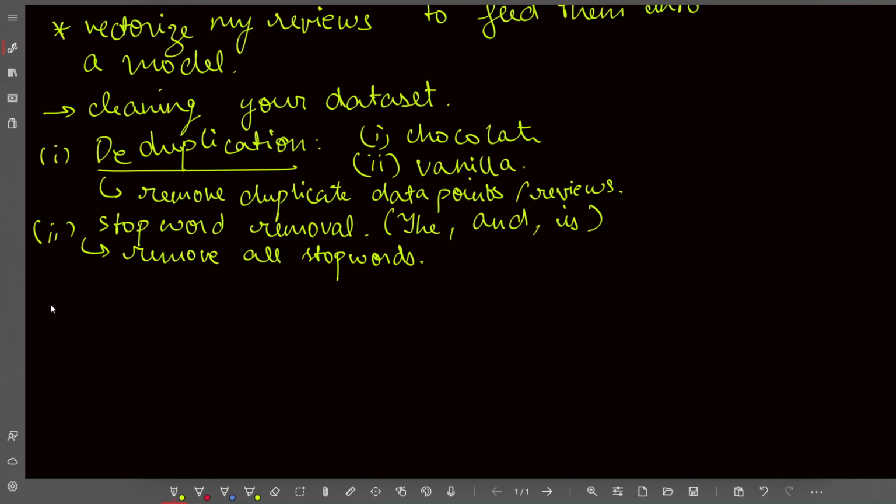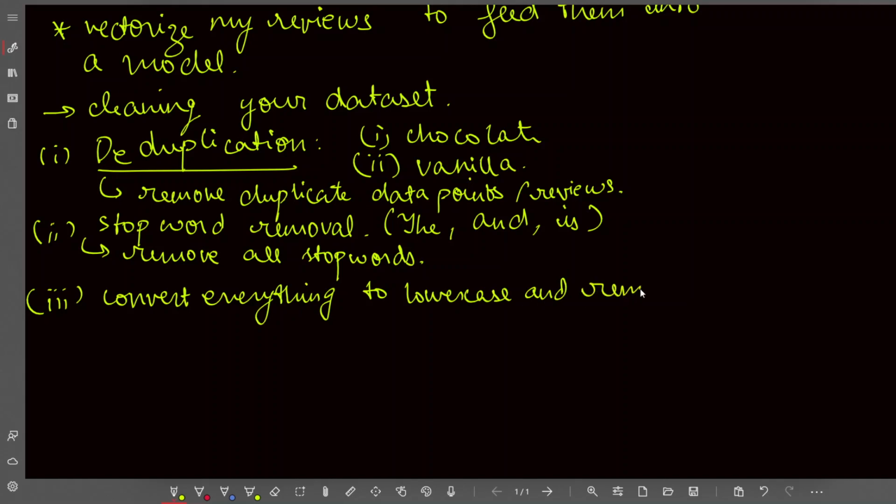The third step is to convert everything to lowercase and remove punctuation like commas.